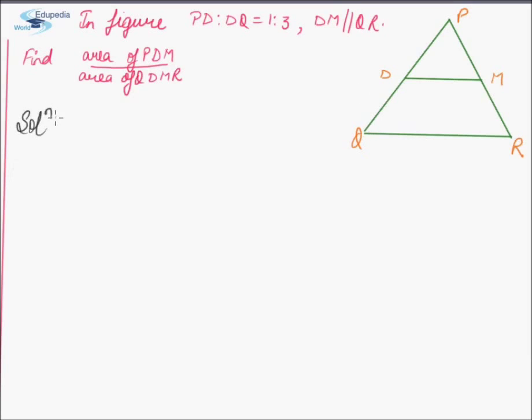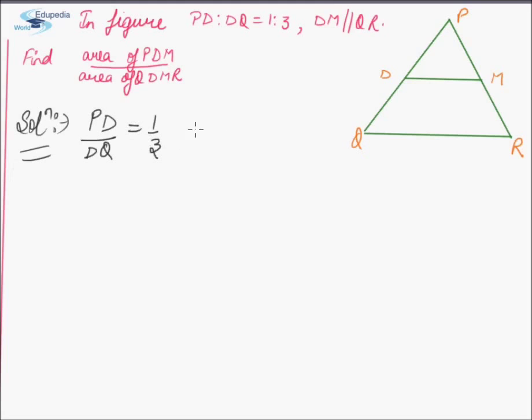So for the solution of this question, first of all, we are given PD ratio DQ as 1:3. In the fractional form, the ratio is written like this.